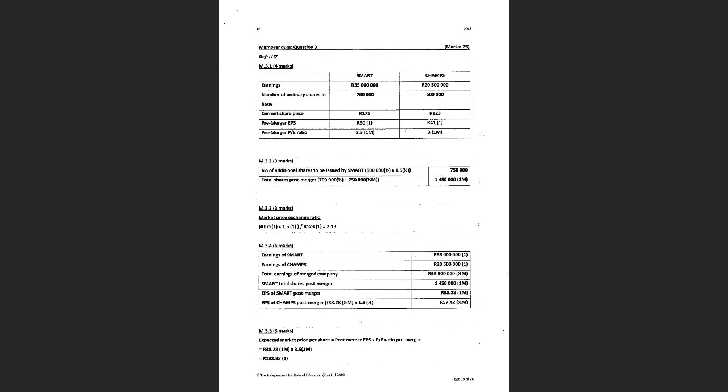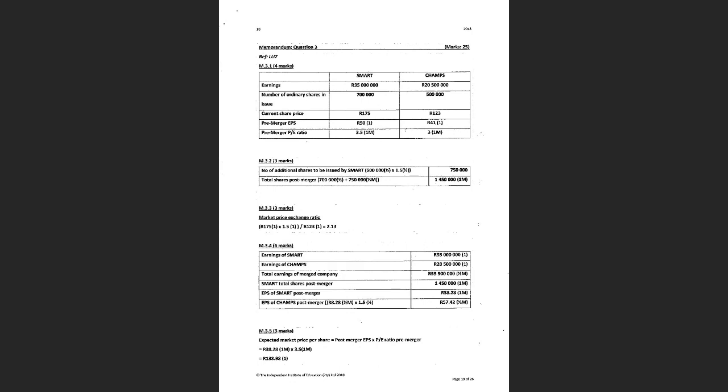And the third part is calculate the market price exchange ratio. So our market price exchange ratio is going to be Smart Limited's current market price is 175. And we have to give 1.5 shares for each 1 share.